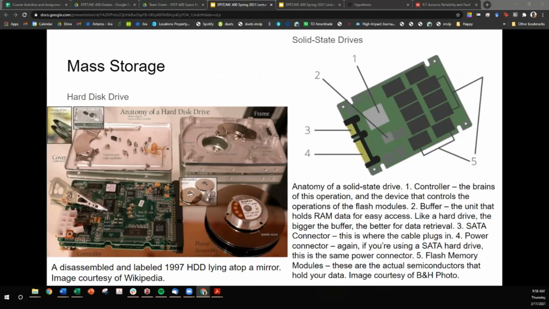Okay, so now we're going to talk about mass storage, which differs from memory. When we were talking about memory, we're talking about these like temporary closets of information, whereas mass storage is where we're going to be dumping a ton of information and data. It's more permanent in nature.